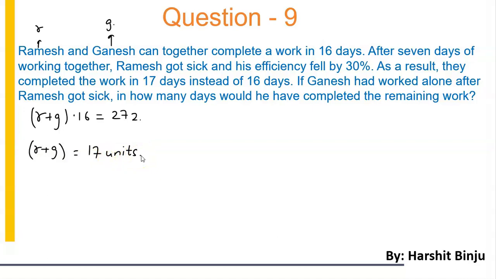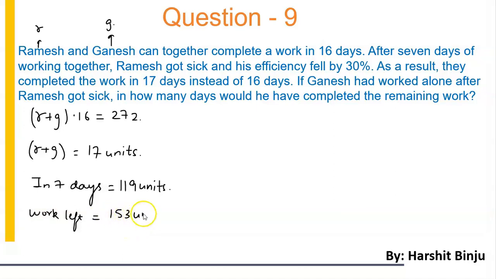Now 7 days are done. So if 7 days of work is done, then in 7 days they would have worked 17 into 7, which is equal to 119 units of work. So work left will be equal to 272 minus 119, which is equal to 153 units. After 7 days of working together, Ramesh got sick and his efficiency fell by 30%.